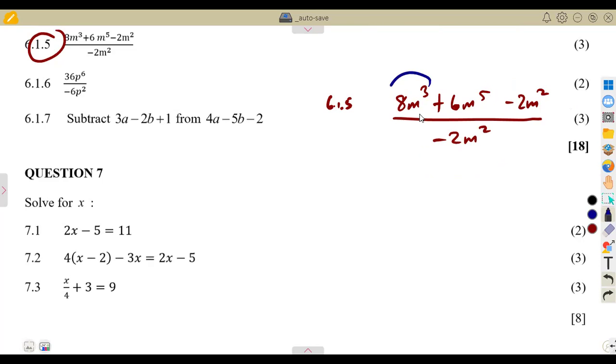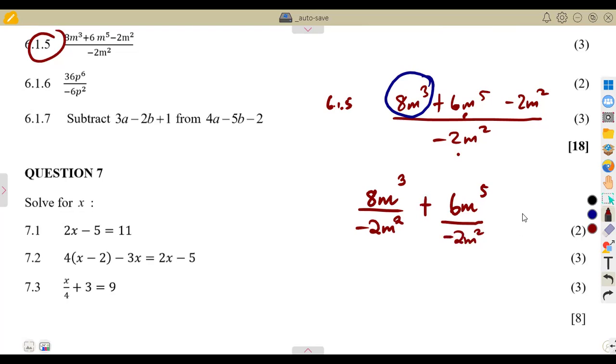So let us start with 8m to the exponent of 3 over minus 2m to the exponent of 2, plus 6m to the exponent of 5 over this, minus 2m squared over minus 2m squared. Everything is divided by minus 2m squared.